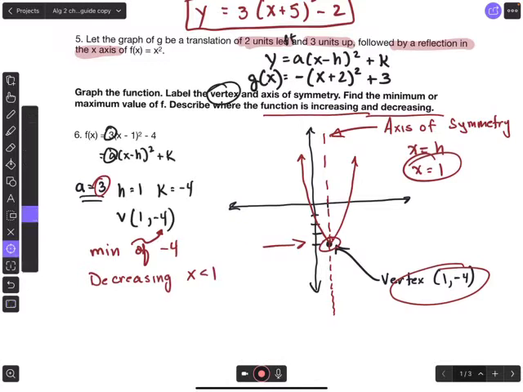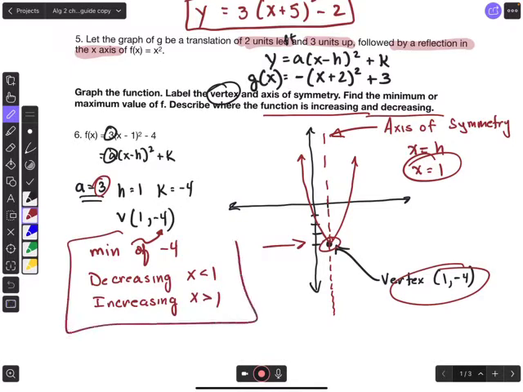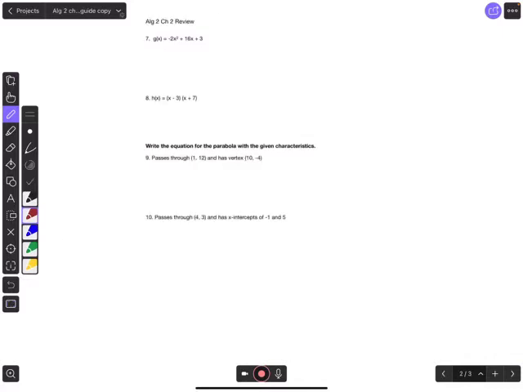So it's decreasing all the way until x equals 1 where it hits its min, and then it is increasing, getting bigger and bigger, going higher and higher, when x is greater than 1. So the squared-in answers, those two circled answers, and our graph, because we had to graph it, are the solutions. Next page, we got about 4 of them left.